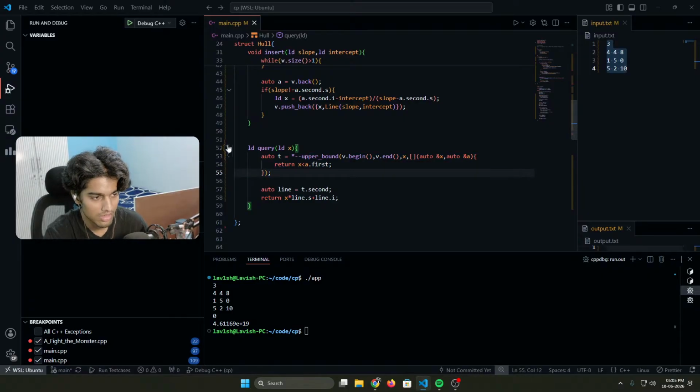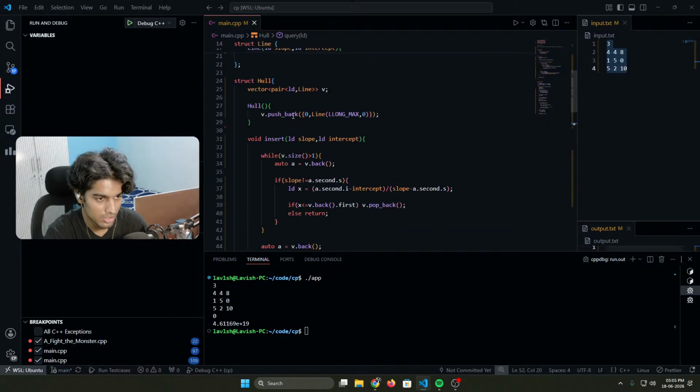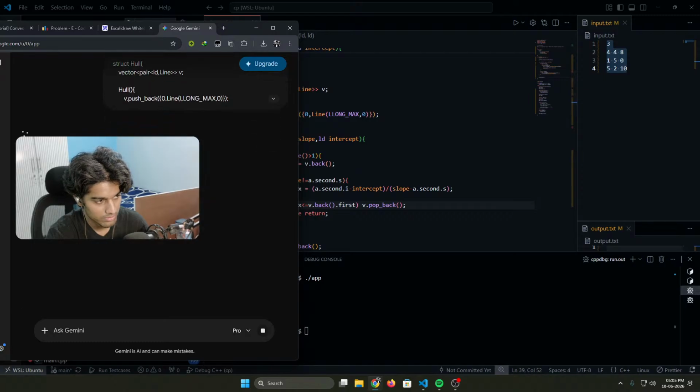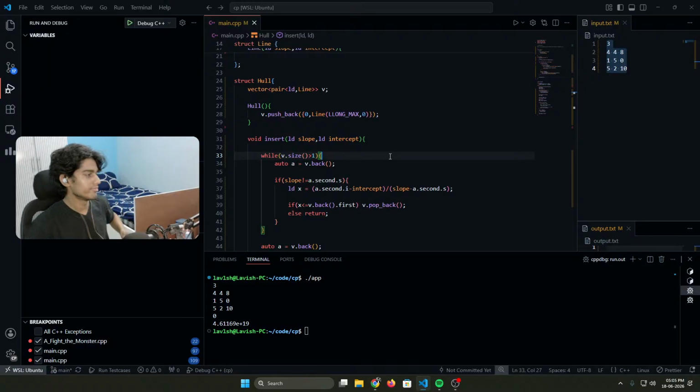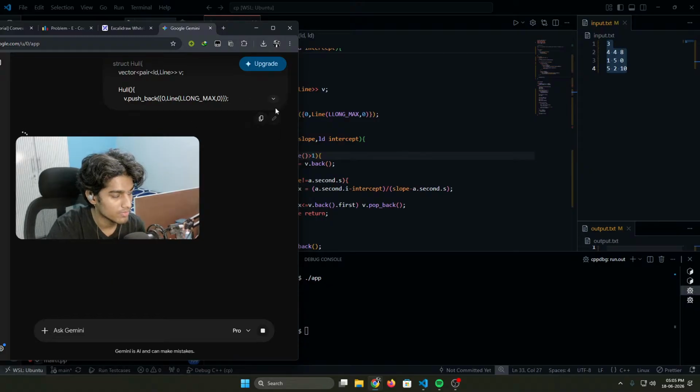Query. There is some issue with the insertion, I believe. Any answer? No.